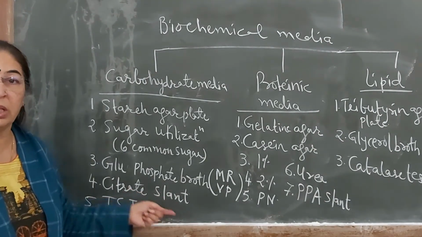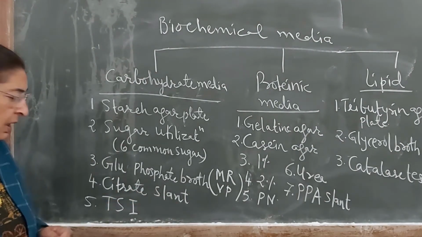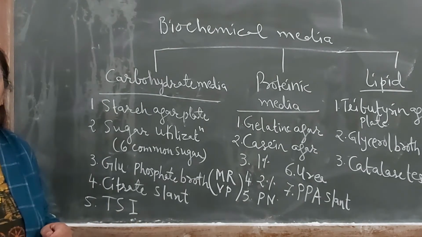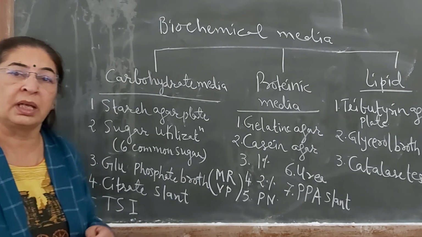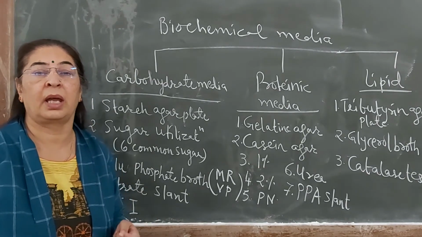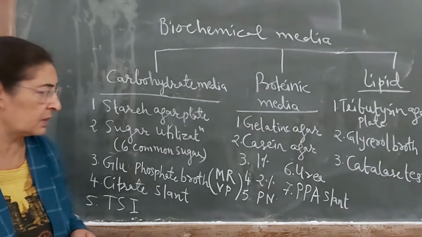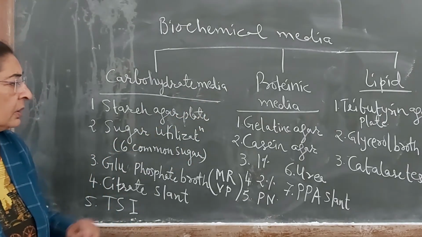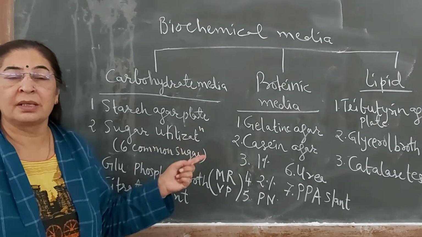Citrate slant is meant for the utilization of citrate, and triple sugar iron agar slant is made to check whether bacteria can utilize 3 sugars together with the particular ferrous or iron containing compound also. In proteinic media, we are going to have protein as a substrate.